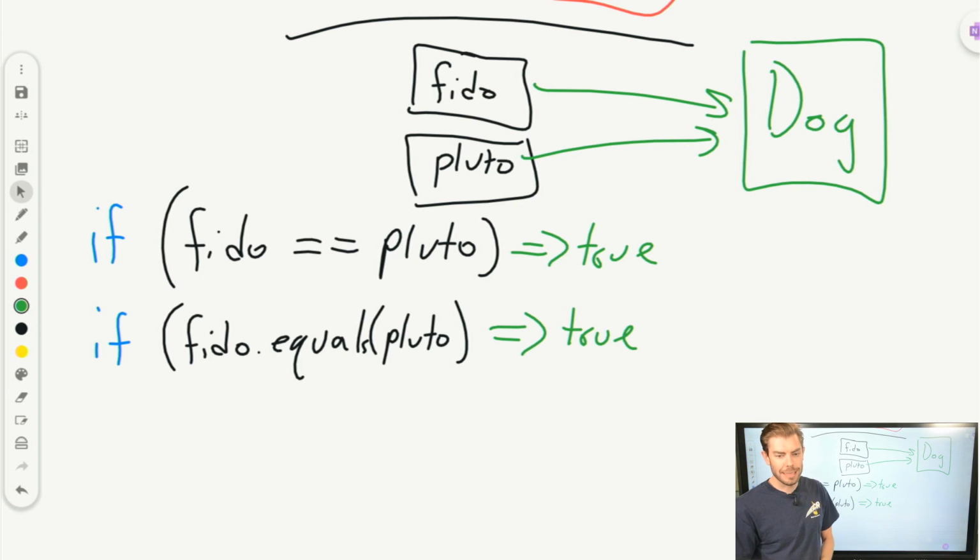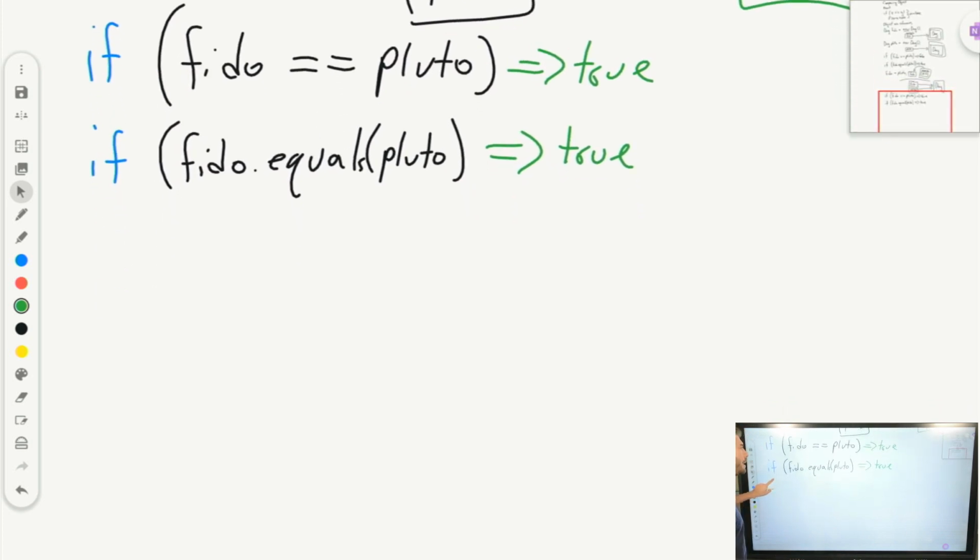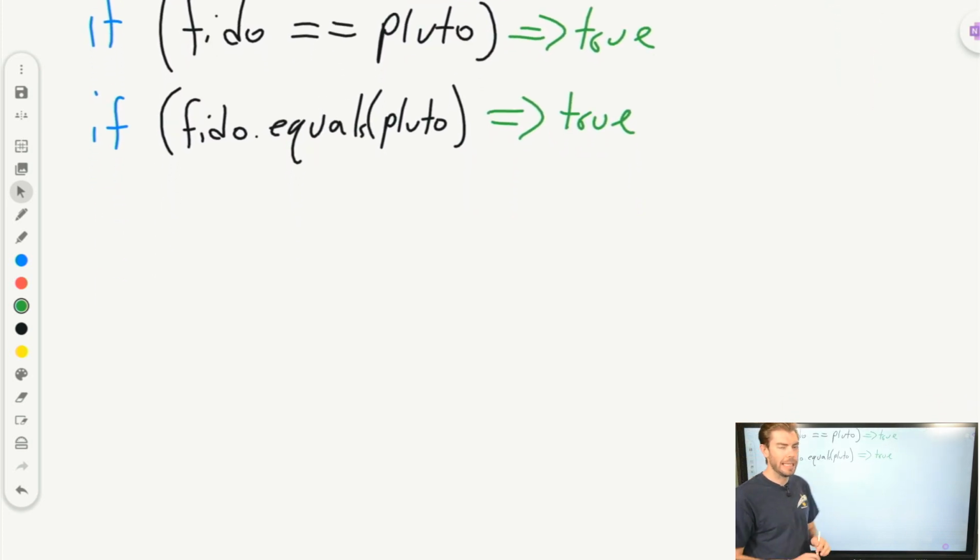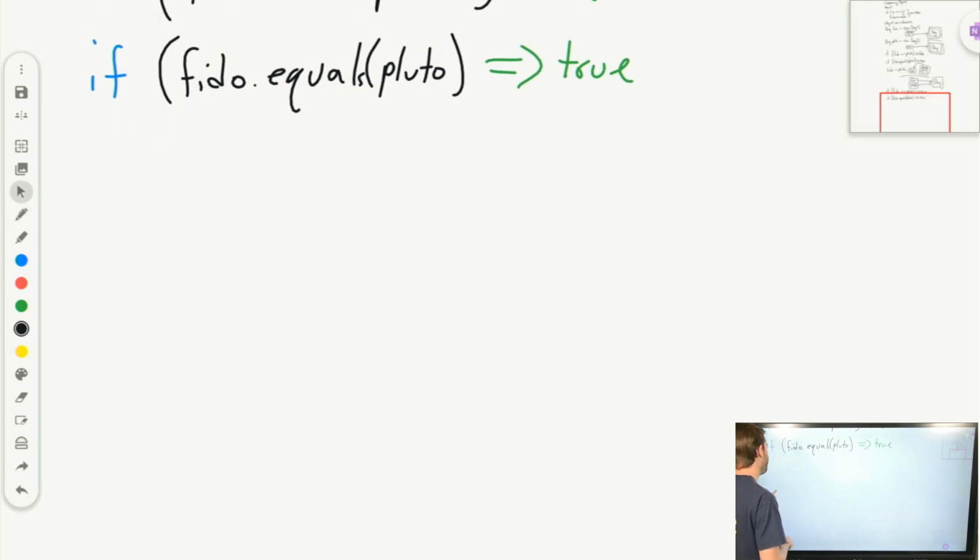Now, this doesn't seem very useful, but it can be useful. One of the ways that this can be useful is when we are creating alias objects that we haven't set to a value, but we've set to that fun keyword null, and we want to check to see if an object is actually null. So let's continue to use our Fido.